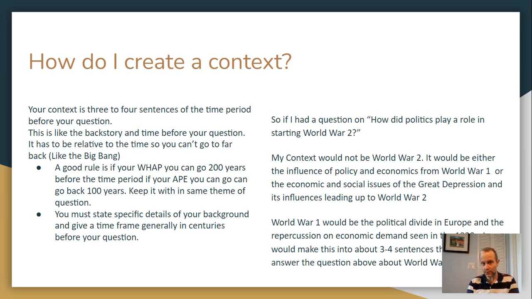So if it's the French Revolution, right, which happened in about the late 1700s, I'm not going to start my first paragraph in my introduction talking about the French Revolution. My 3 or 4 sentences are going to build up on the ideas and things that happened in history that led up to the French Revolution. So one good one would be the Enlightenment, how the Enlightenment started up in Europe in about the 1700s, with influential thinkers such as Montesquieu.